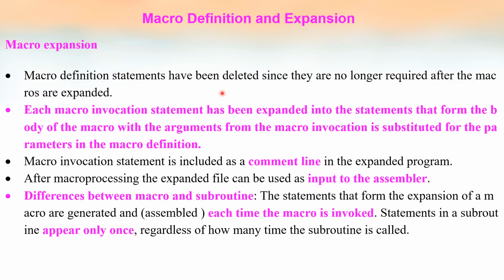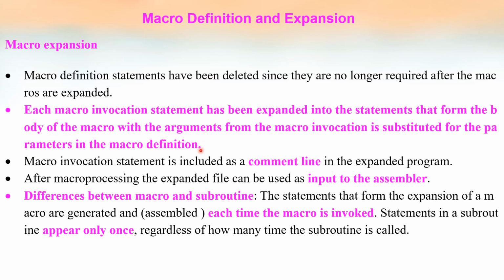Macro definition statements are deleted since they are no longer required after the macros are expanded. So in the output, we will not write the definition part of the macro. Each macro invocation, which means the macro call statement, is expanded into the statements that form the body of the macro, with the arguments from the invocation, which means actual arguments, substituted for the parameters in the macro definition, which means the formal arguments.